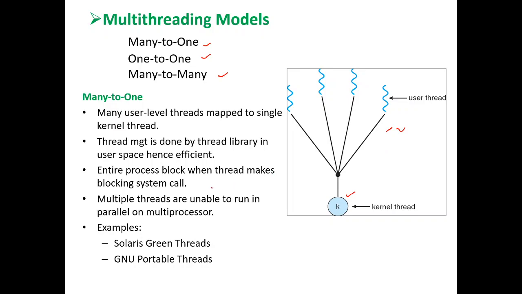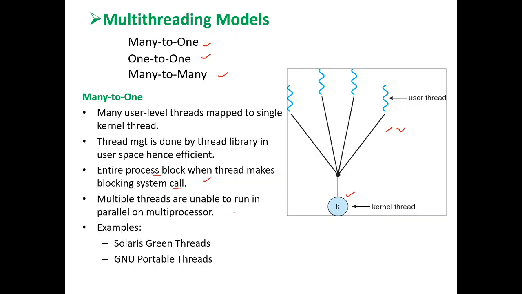One of the drawbacks of this many-to-one model is that whenever a process executes a blocking system call, the entire process is blocked. So due to this we will not be able to execute other processes.